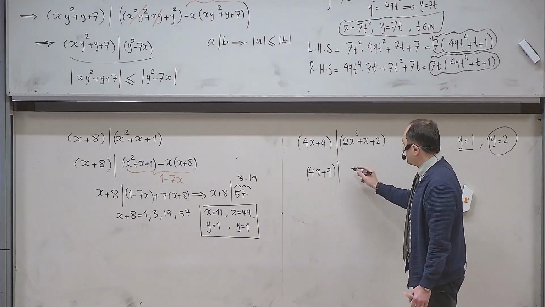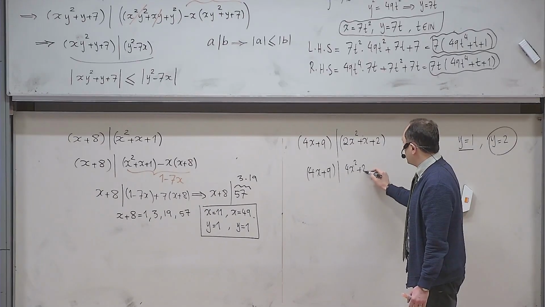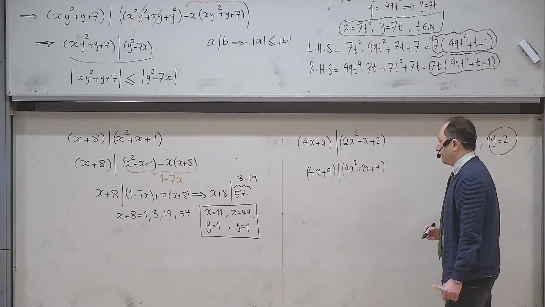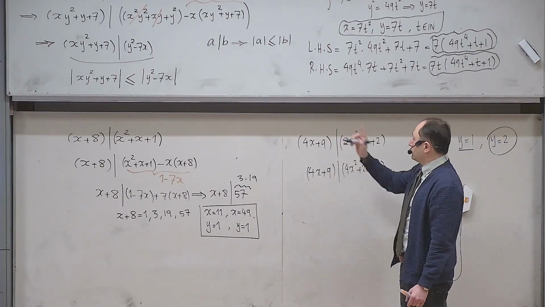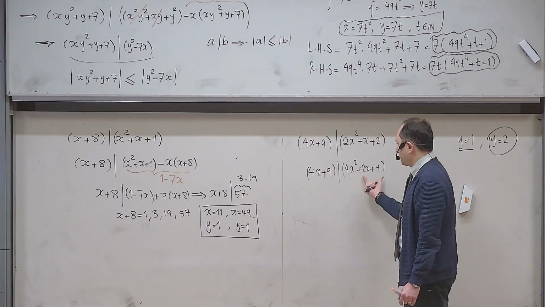So I multiply this by 2, so it becomes 4x squared plus 2x plus 4. It is possible to multiply one side by an integer, and then I want to use the theorem that I will multiply this by x and subtract it from here.